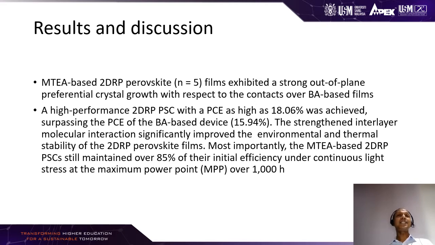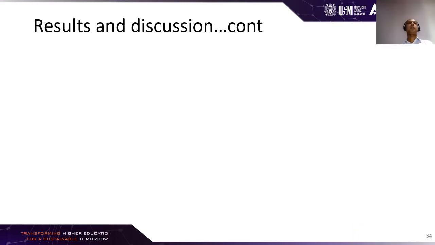The strengthened interlayer molecular interaction significantly improved the environmental and thermal stability of the 2DRP perovskite films. Most importantly, the MTEA-based 2DRP PSC still maintained over 85% of their initial efficiency under continuous light stress at the maximum power point, MPP, of 1000 hours.